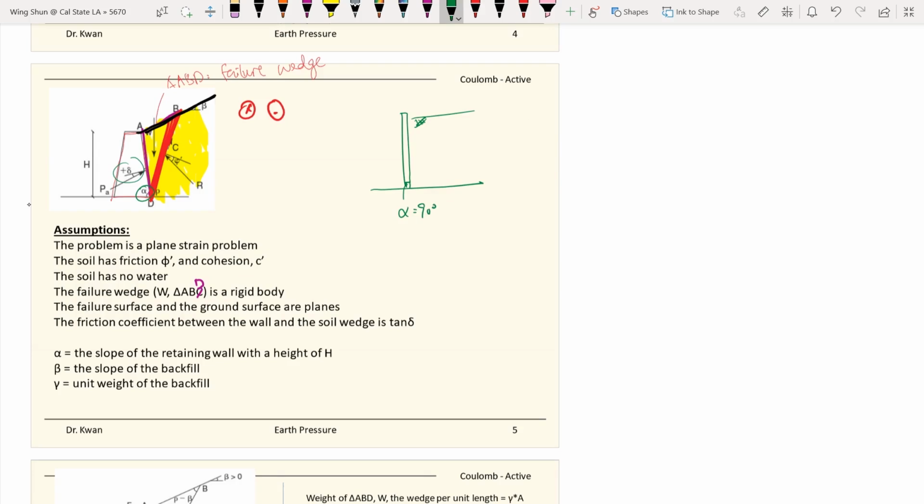And beta is the slope of the backfill. If you have a level fill, then beta equals 0 for level backfill. So that is the setup for the Coulomb theory.